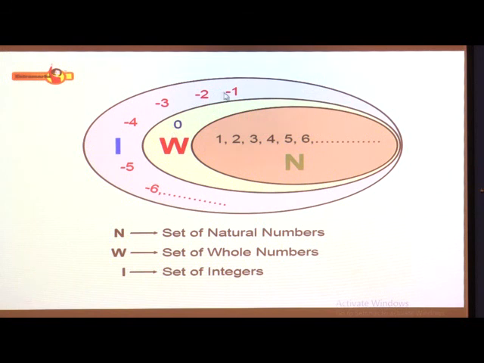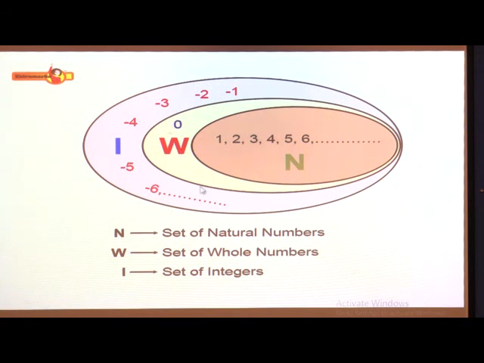Now positive numbers, 0 which is a whole number, and the negative numbers, all these are called integers. So positive numbers, negative numbers as well as the whole numbers are called integers.